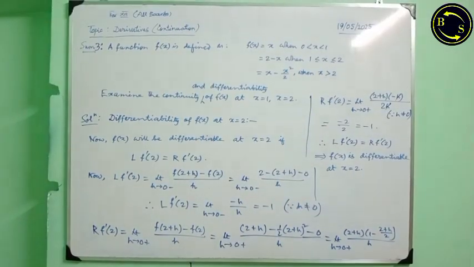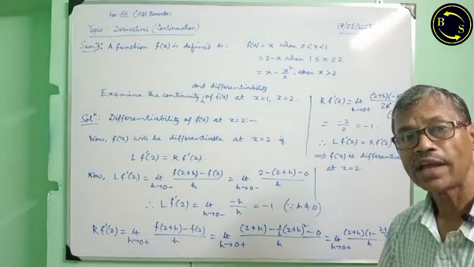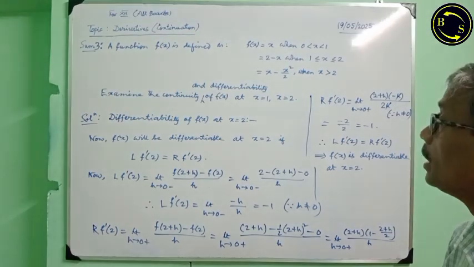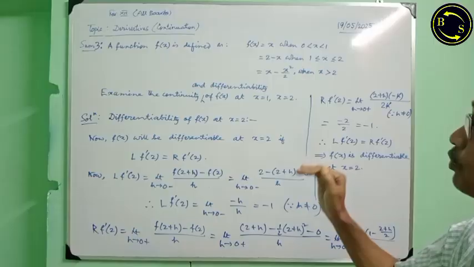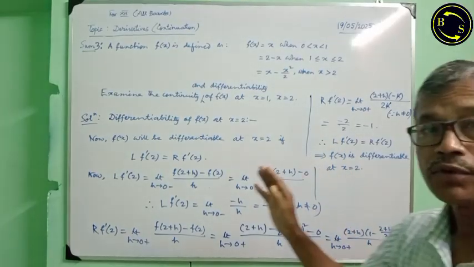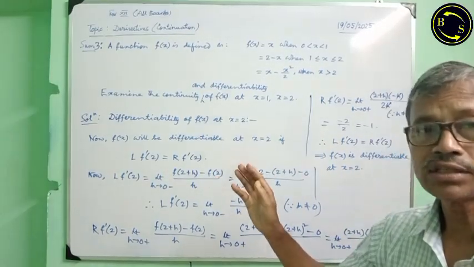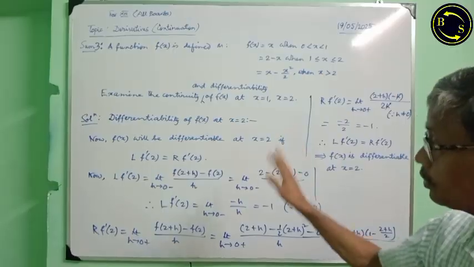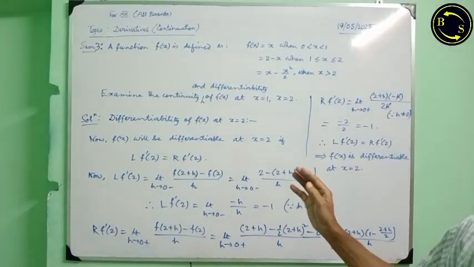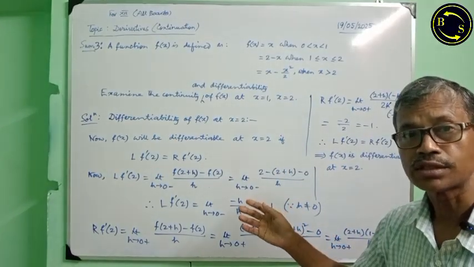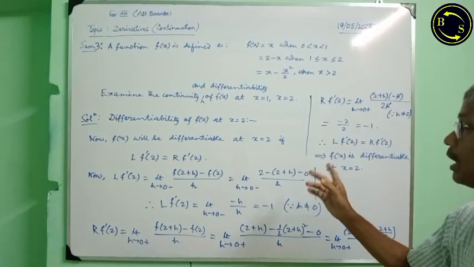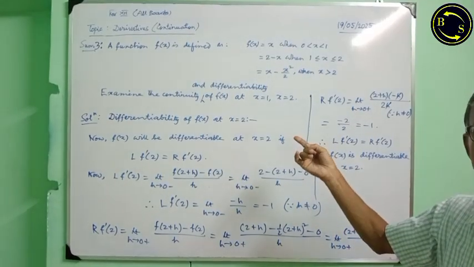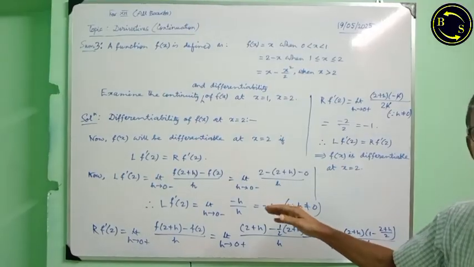Already I have mentioned that you yourself find the differentiability of the given function at x equal to 1, as well as continuity of the same function at x equal to 2. I have shown 2 cases. You are to solve yourself the other 2 cases. In this case, we find f(x) is continuous at x equal to 1, also differentiable at x equal to 2.